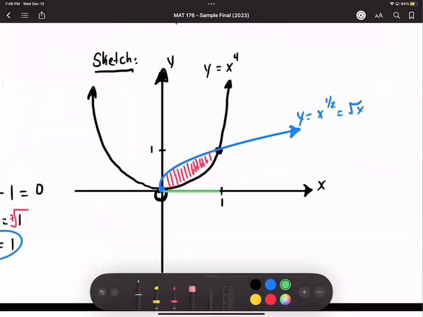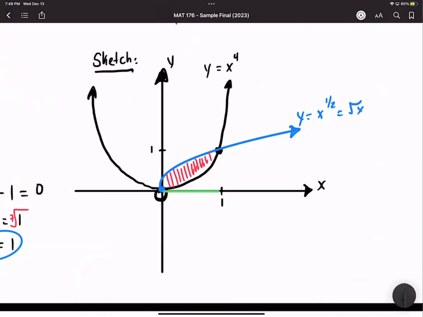Okay, I'll zoom in on the picture so you can see it a little better, right? You can see that that blue curve is the top curve, x to the 4th will be your bottom curve. So this will give us that the area A is simply going to be equal to the integral from 0 to 1 of the square root of x, or x to the 1/2, minus x to the 4th dx.